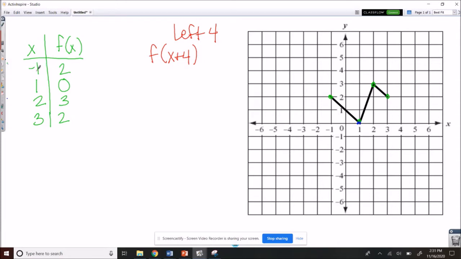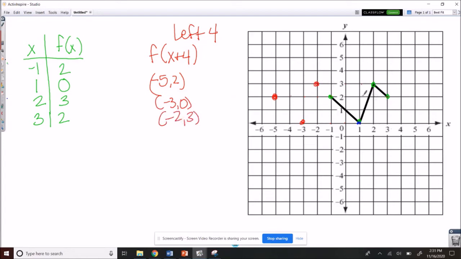So even though I see a +4, it's actually going to move to the left. So I'm going to take my x value and move it 4 to the left. So 1, 2, 3, 4. And that's the point (-5, 2). 1, 2, 3, 4. That's (-3, 0). 1, 2, 3, 4. That's (-2, 3).